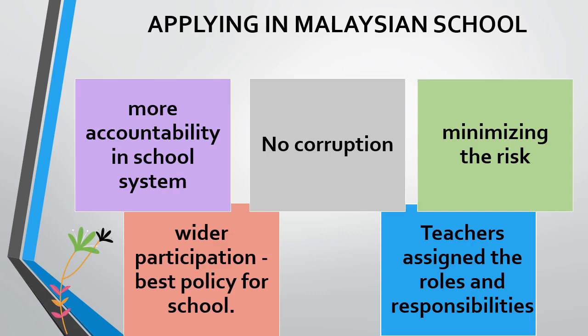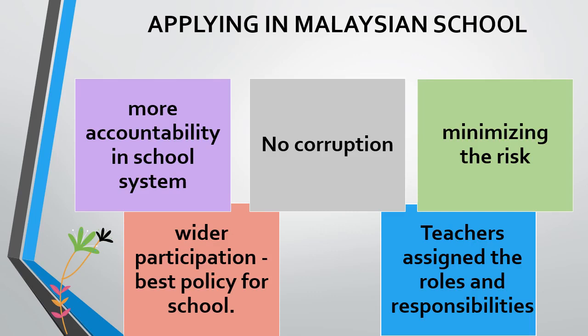The application of participatory leadership in school management and administration will support creating more accountability in the school system. Other than that, transparency, inclusion, and consciousness can also be promoted in school management, by which a good school governance mechanism will bring betterment with no corruption.